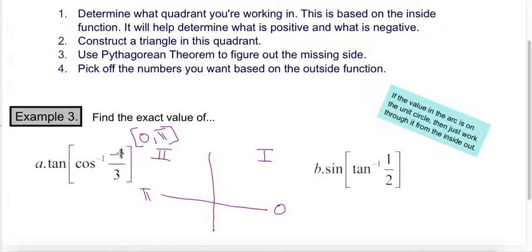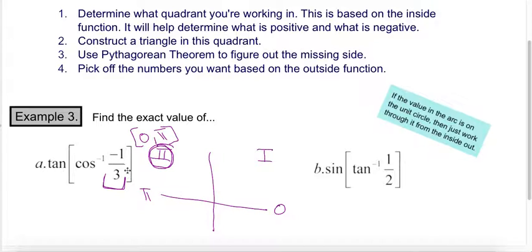So I'm looking at the value inside my arc, negative 1/3. This means that I need somewhere where cosine is going to be negative. And if you think to your all students take calculus, cosine is negative in the second quadrant, right? So I've done step 1. I'm working in the second quadrant because of the negative I have over here.